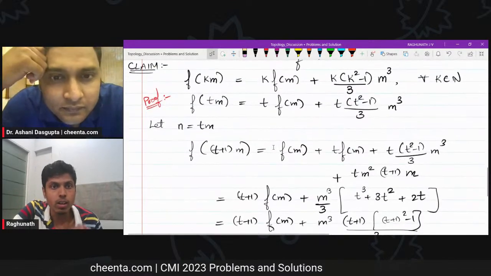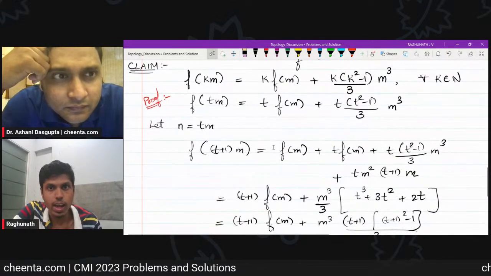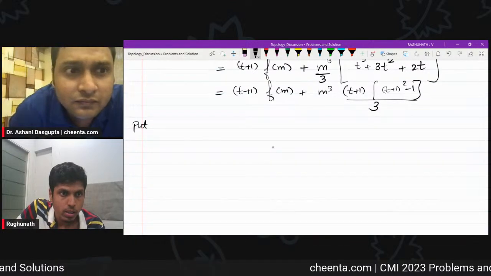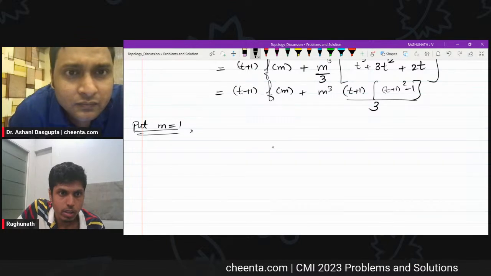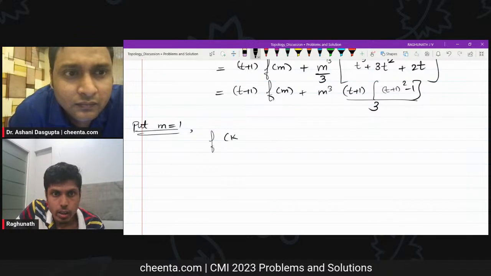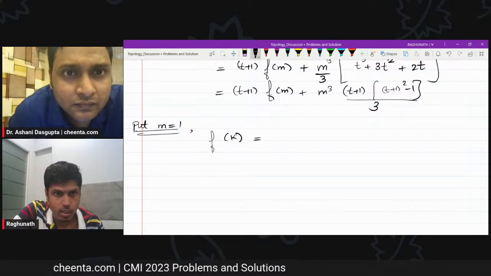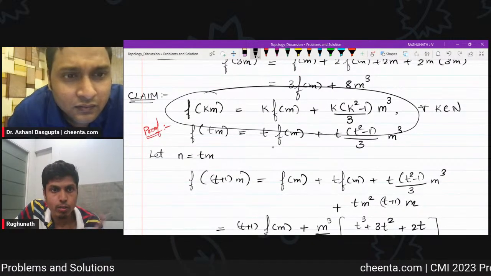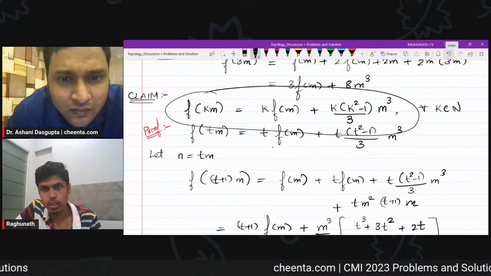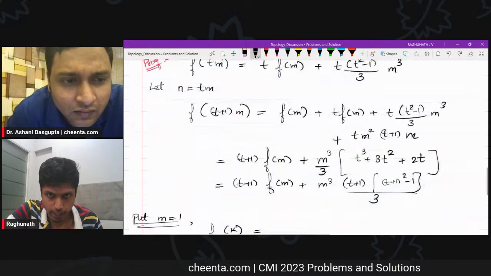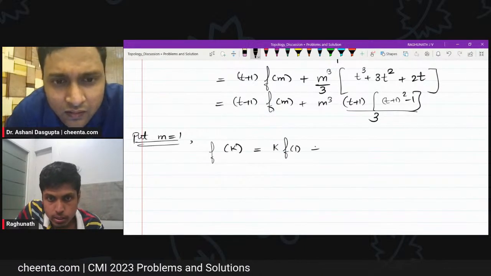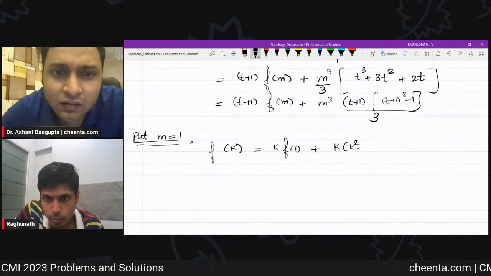Now in our claim, let's put m equal to 1. If you put m equal to 1, you will get that f of k equals f of k plus k into f of 1 plus k into k square minus 1 by 3, that is, k into f of 1 plus k into k square minus 1 by 3.